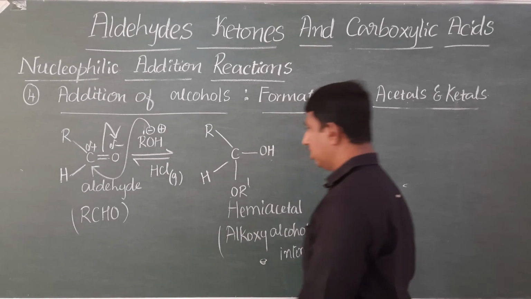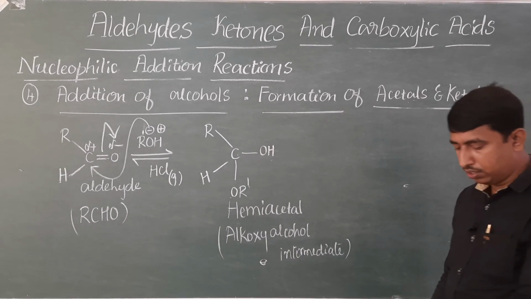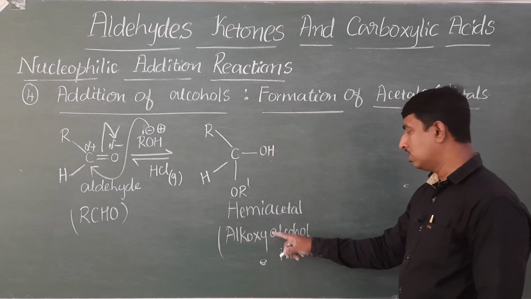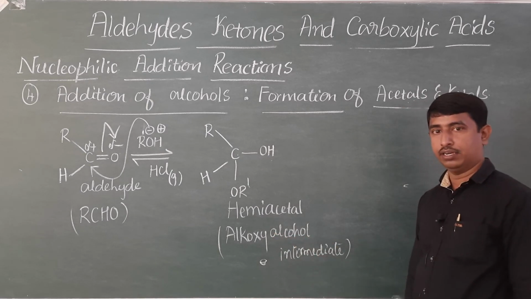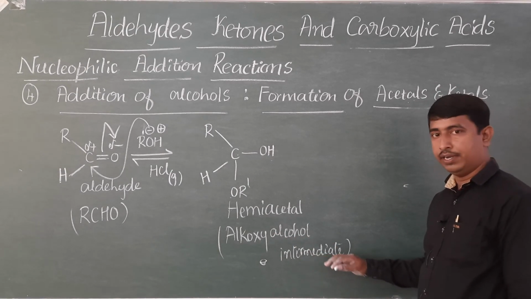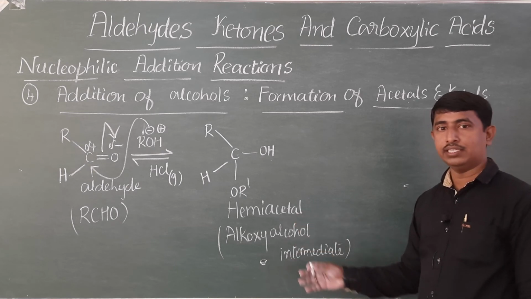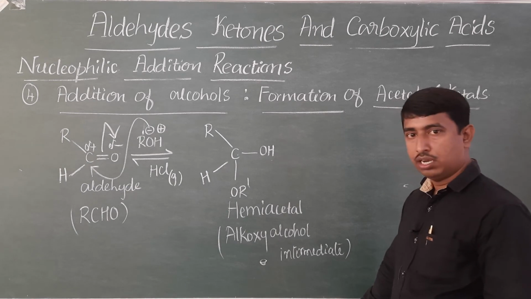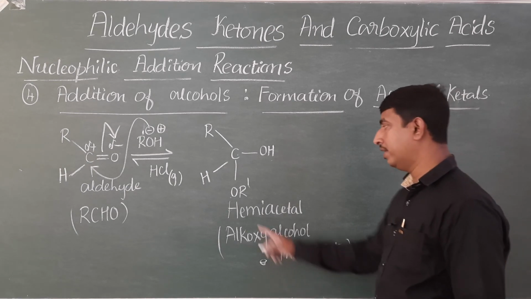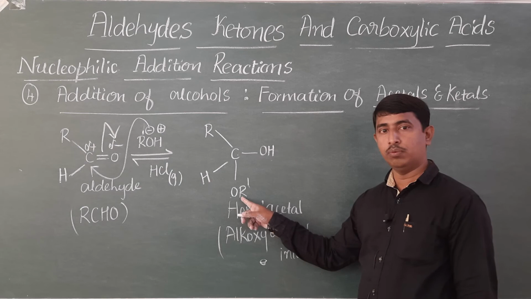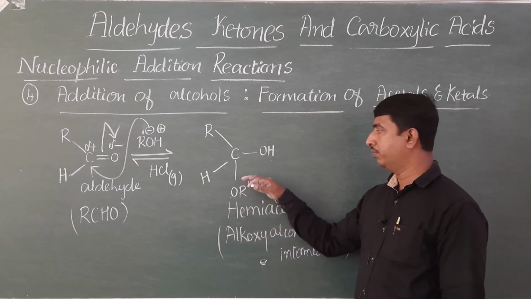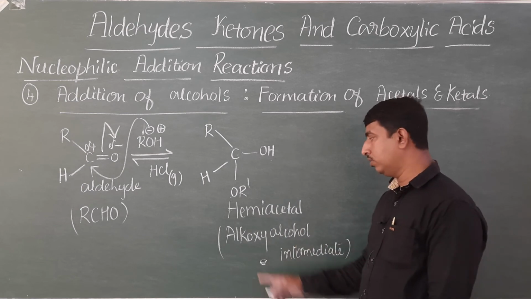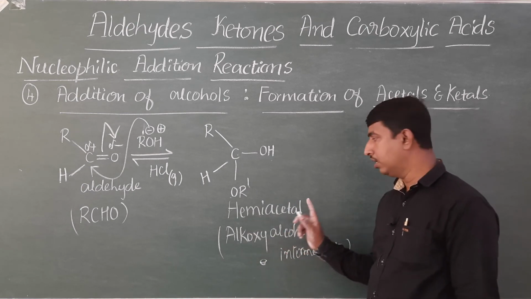So an aldehyde reacts with monohydric alcohol in the presence of HCl, forming an alkoxy alcohol intermediate. This alkoxy alcohol intermediate is called hemiacetal. Hemi means only one, containing only one alkoxy group, or half. So both groups are not alkoxy groups; we can see only one alkoxy group. So it is hemiacetal.